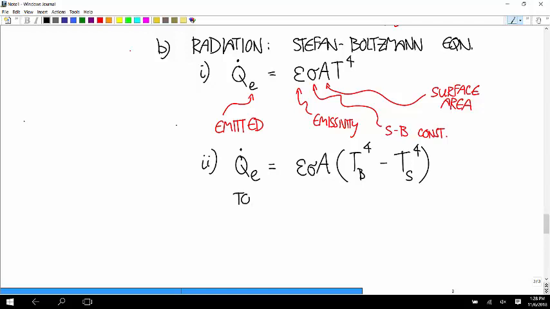So this one is the total net heat emitted. And that one's useful in the first law of thermodynamics. The problem is it only applies when you have a smaller body surrounded by a bigger body.